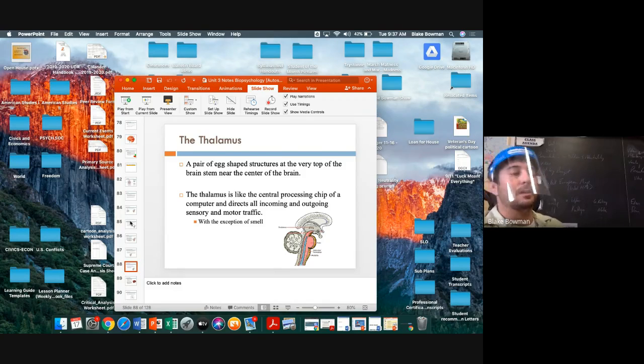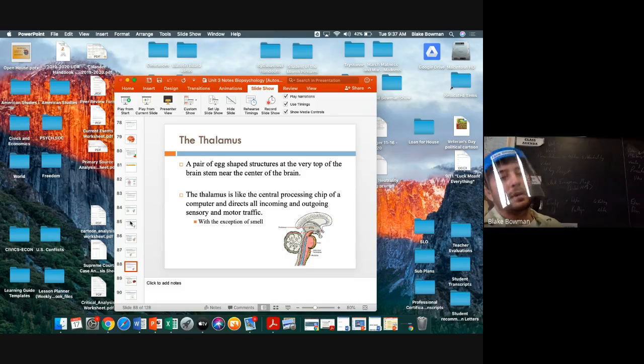Yeah, good job. So it's like the mailman in a way. He's grabbing all the mail, directing the information to the brain or to the rest of the body. There's that central processing chip. So it's directing sensory and motor information to the rest of the body or to the brain. And you said except for smell. Okay, good job. Is there any questions on that?